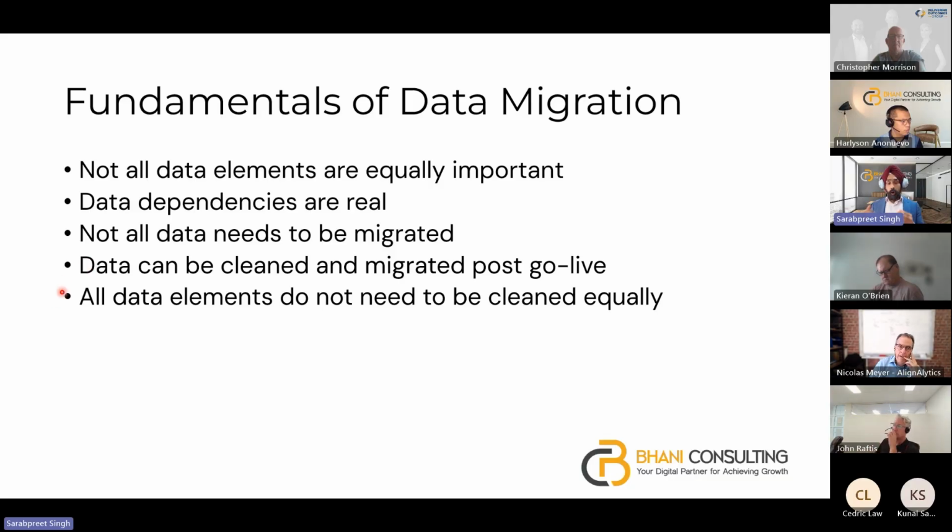Okay, now moving on: all data elements do not need to be cleansed equally. That means not everything has to be at the same quality level. Chart of accounts is really vital. I want to get it approved, cleaned, properly embedded in the ERP. For parts information, I could choose that for the parts my organization has used in the last 5 years, I want to get them clean and signed off. Others can come later.